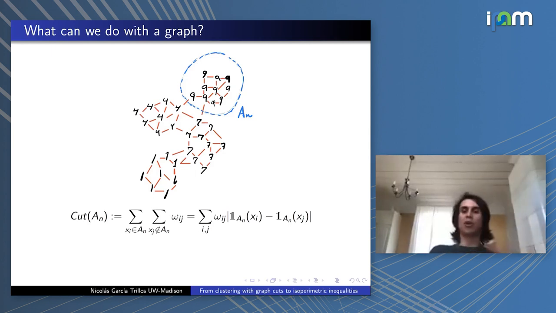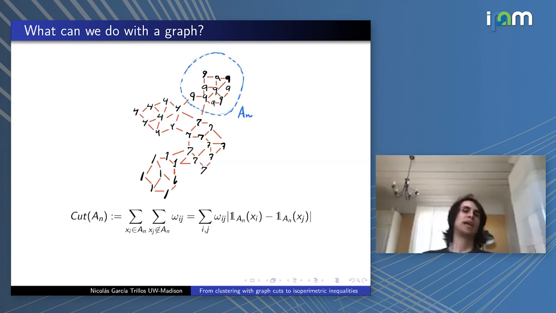Now, one thing to keep in mind is that the cut functional on its own is not the best thing that one can do when you are trying to find clusters, because another set that has a small cut is, for example, a set consisting of a single data point.